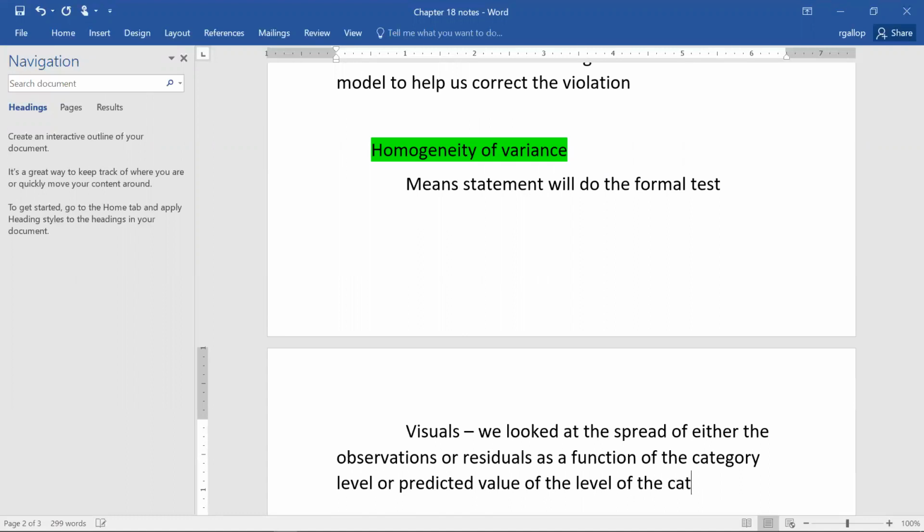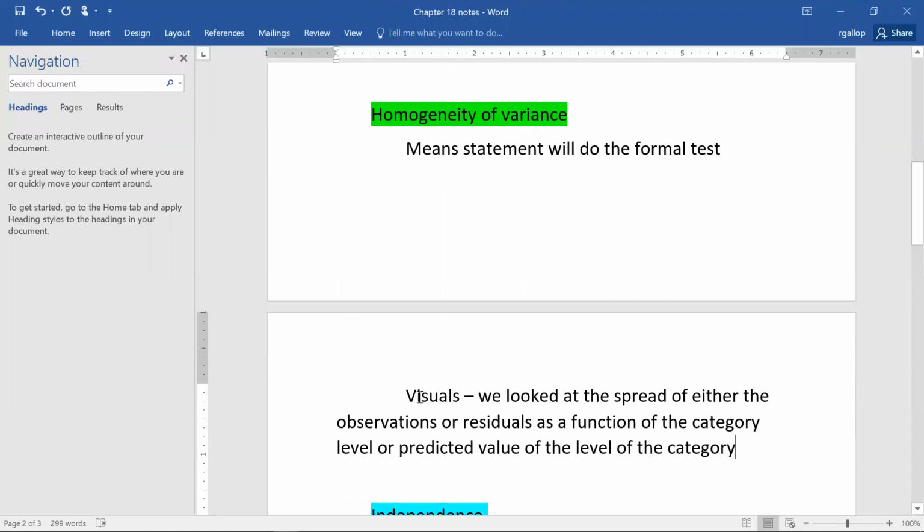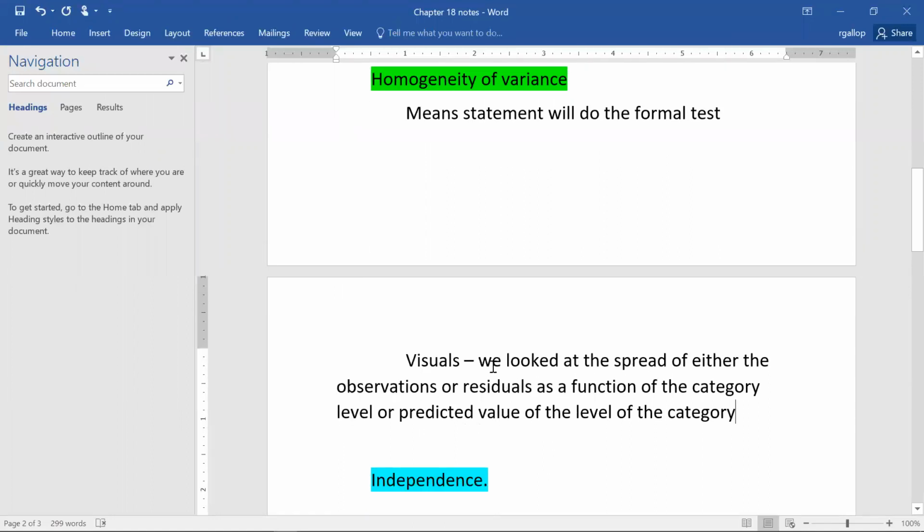So again, with the visuals, we've already seen this, looking at the spread of the observations or the residuals as a function of the category or the predicted value. So again, our original mean profile plot with the raw data overlaid. The MEANS statement will do this. Again, remember what we said before.